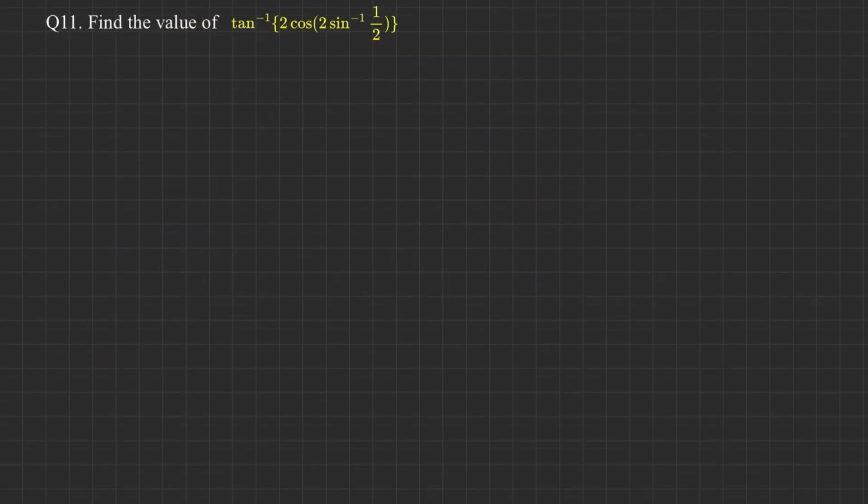Next question number 11, we have to find the value of tan inverse of 2 cos 2 sine inverse of 1 over 2. So here we will have tan inverse of 2 cos, and here it will be 2 sine inverse of, so instead of half I can write sine 30, that is sine pi by 6.